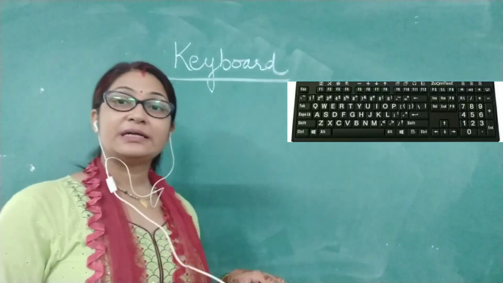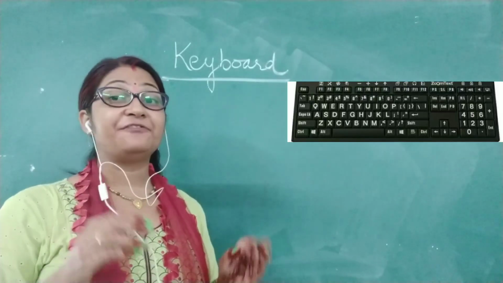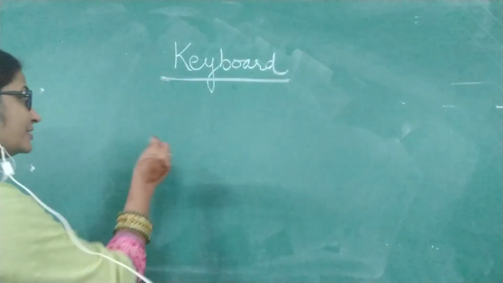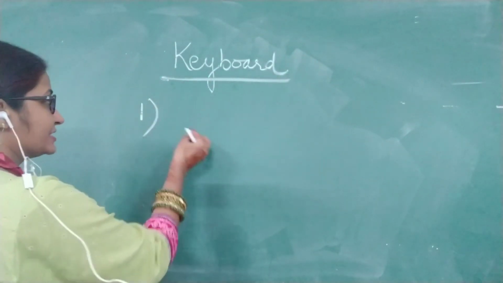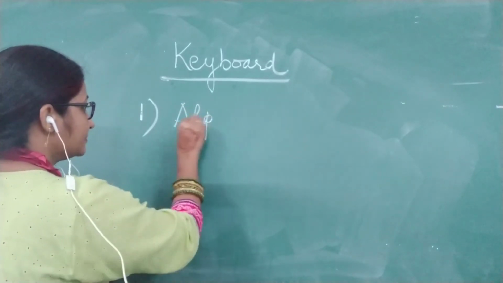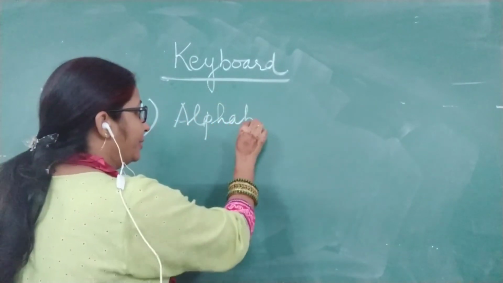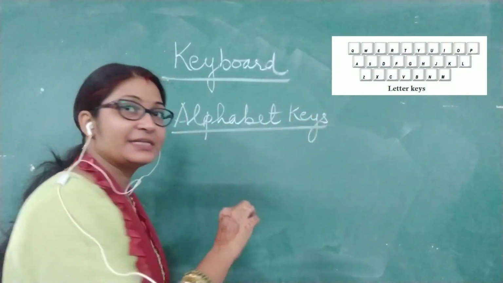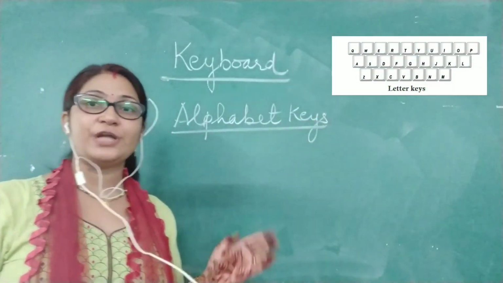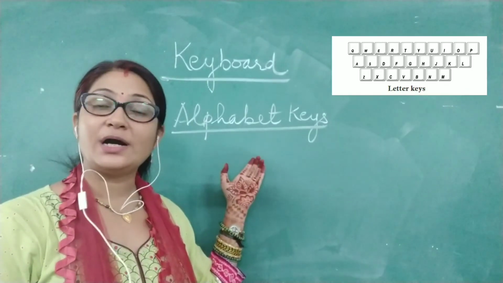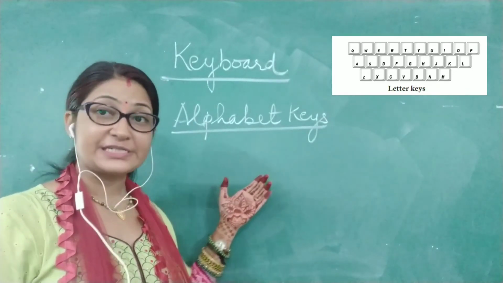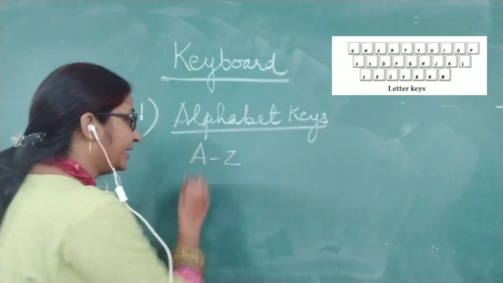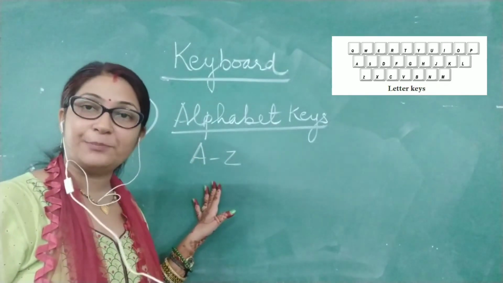So now, let us learn about the different types of keys present on a keyboard. The first type of key is the alphabet keys. All of you are quite aware that the characters from A to Z are the alphabets.